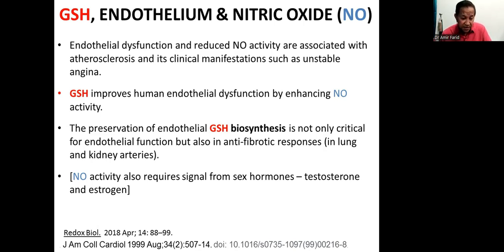Nitric oxide activity, apart from requiring glutathione, also requires the signals from sex hormones, testosterone and estrogen. This is additional information for you because I happen to be a gynae and also doing a lot of anti-aging work. And the men need to know, especially, that for their erection, they need nitric oxide, which means they need glutathione and they need testosterone as well.